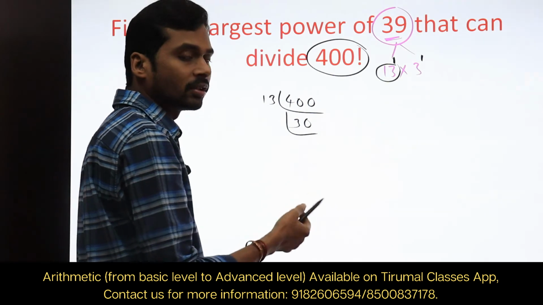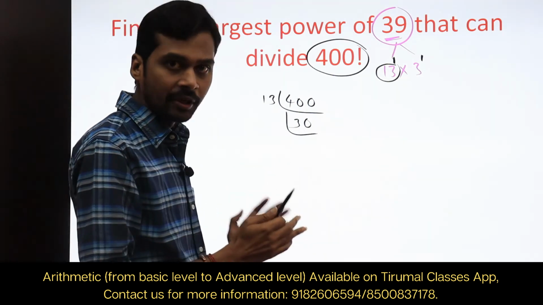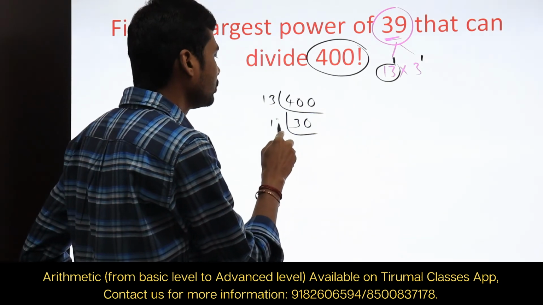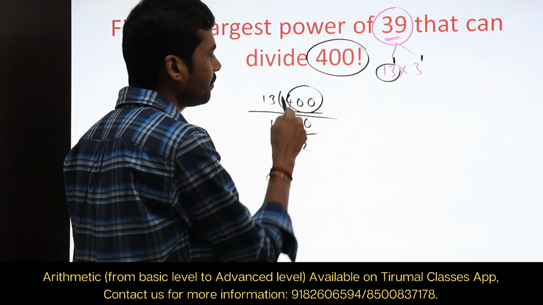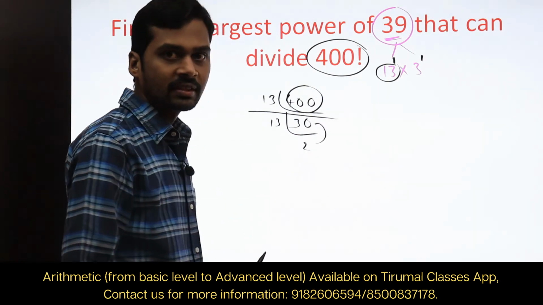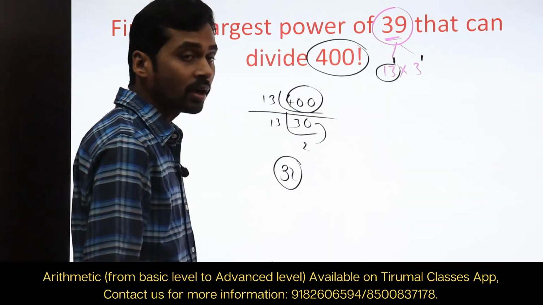As I told you, the remainder is not important for us, so we simply take the quotient part, right? 13 2s are 26. Now except this given number, the sum of the remaining numbers is your final answer. 30 plus 2 is 32. So the final answer is 32.